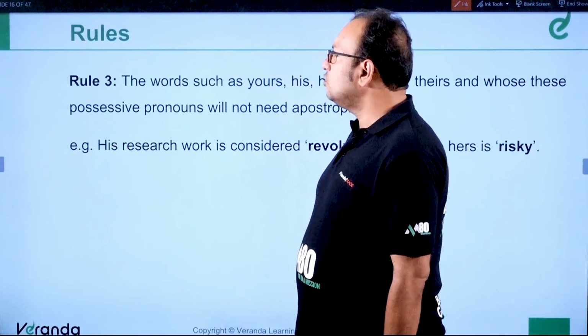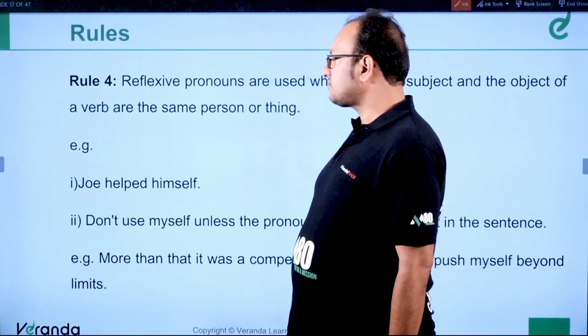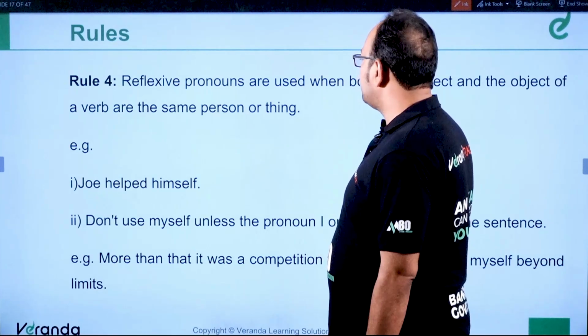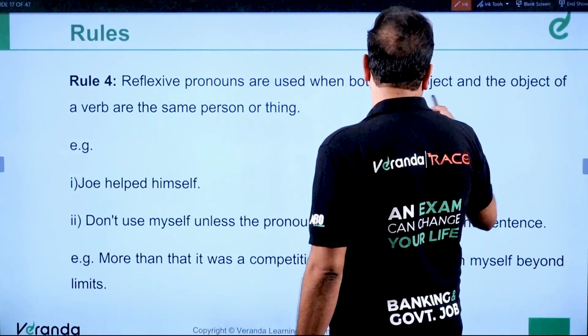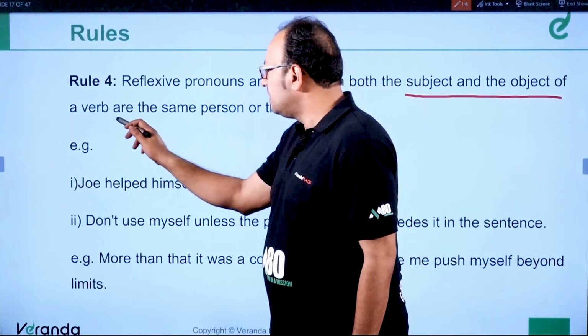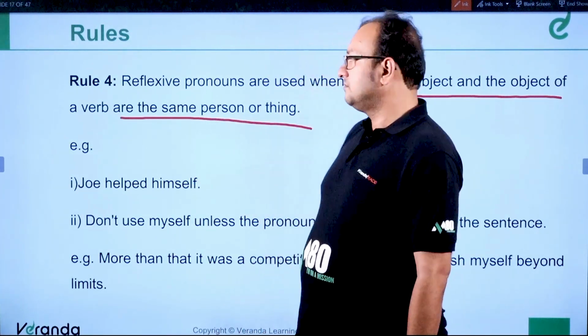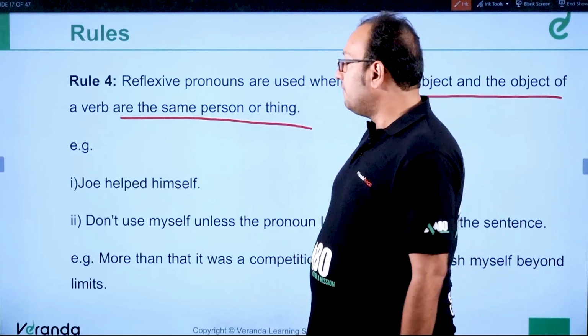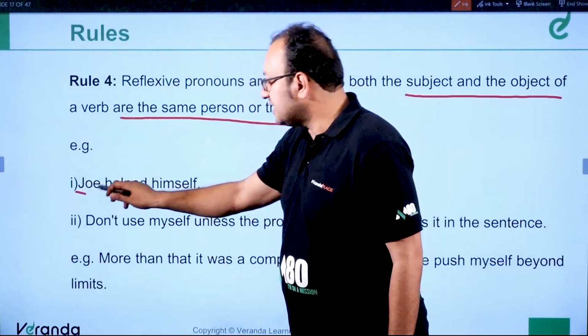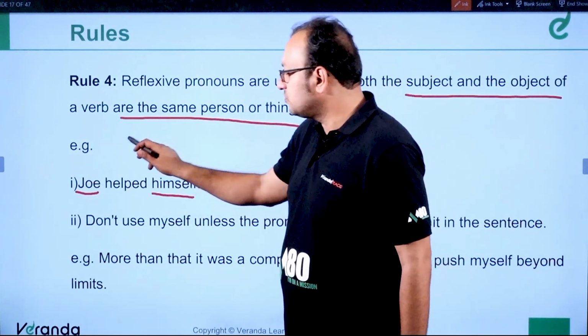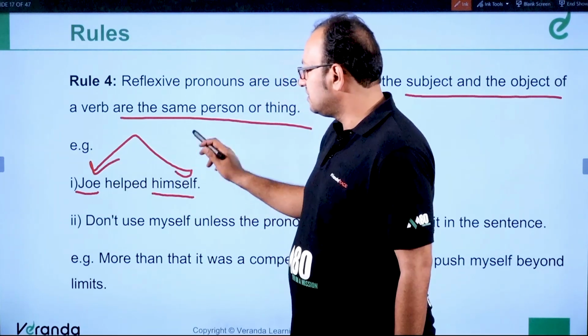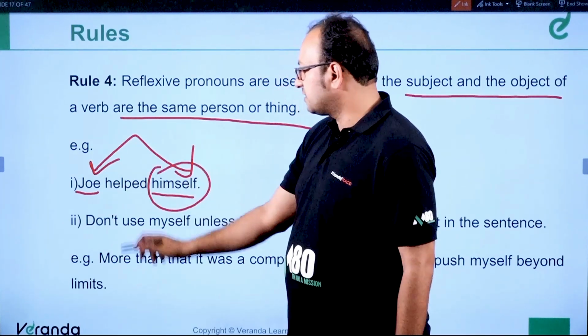Moving ahead to rule number 4. Reflexive pronouns are used when both the subject and the object of a verb are the same person or thing. I told you earlier also, when the subject and the object refer to the same person, we use the reflexive pronouns.